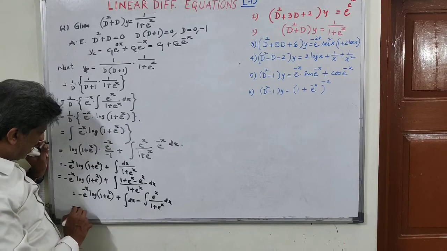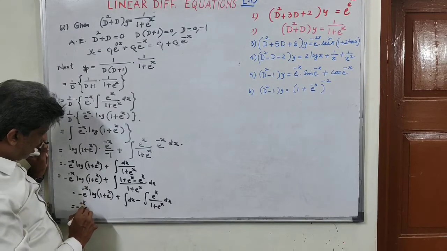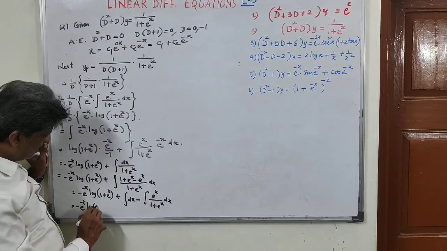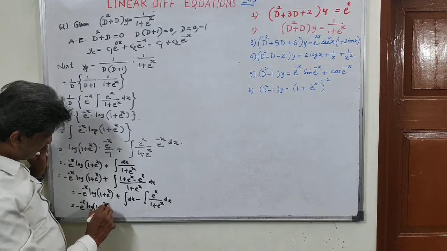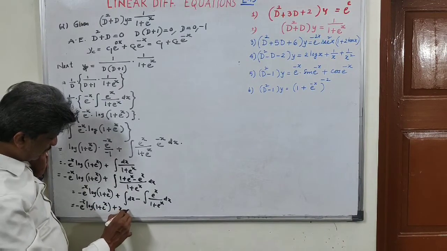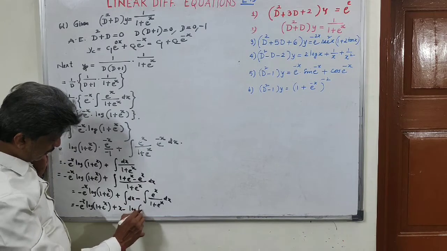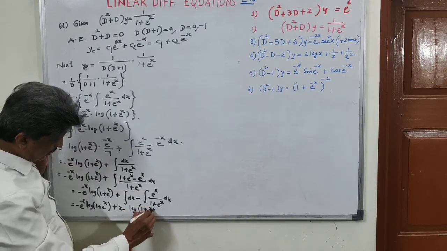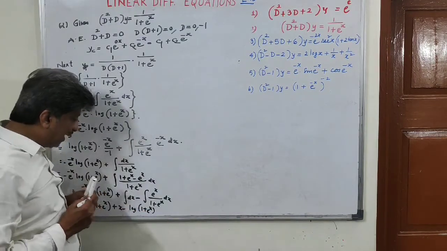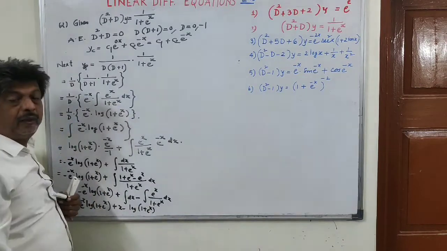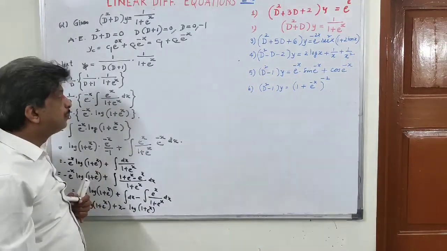That is further equal to minus e raised to power minus x log of 1 plus e power x plus x minus log of 1 plus e power x. So that is the final value of the particular integral.